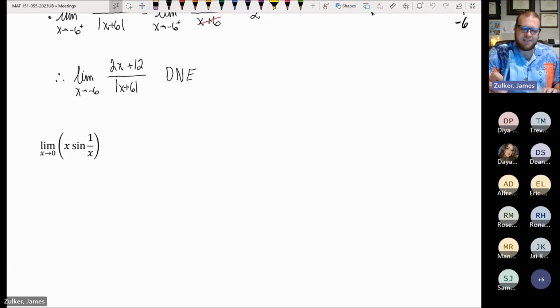Limit as x approaches 0 of x times sine of 1 over x.